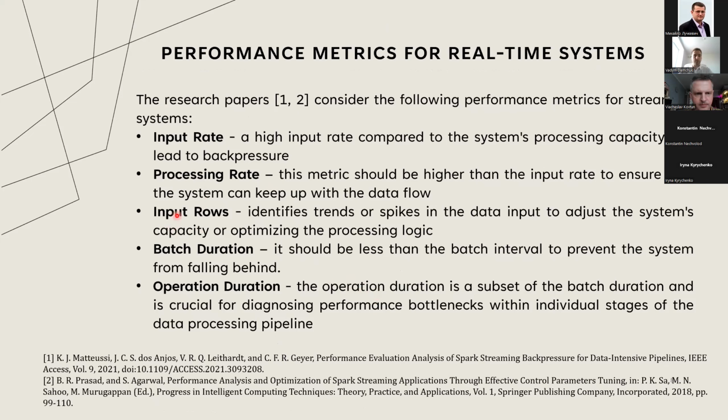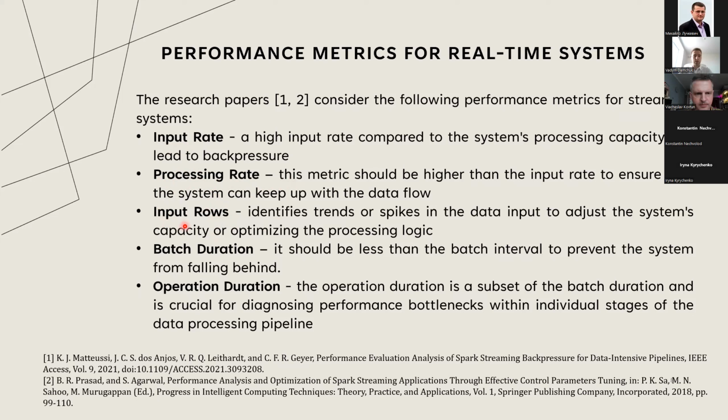So we consider the following metrics, and they are widespread in the big data world. Input rate and processing rate: input rate is how fast data arrives to the system, processing rate is how fast the processing engine is able to process. If processing rate is lower than input rate, then the system falls behind.